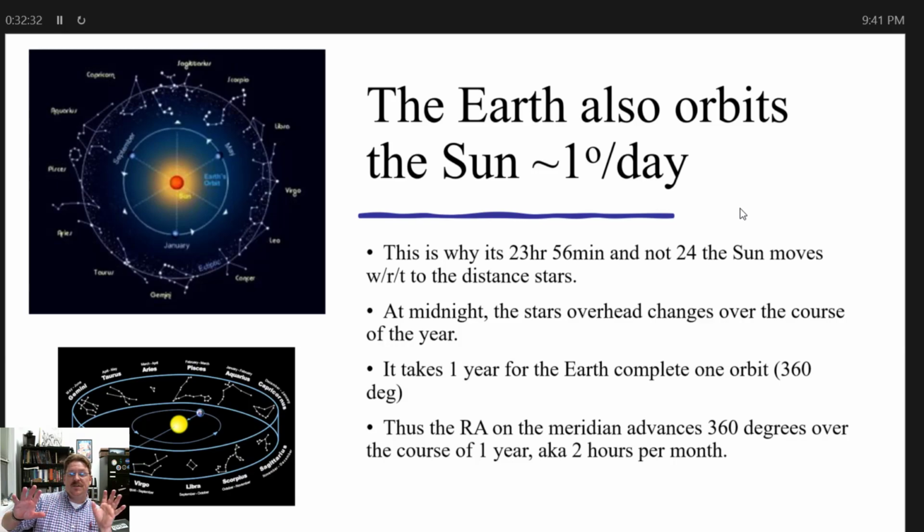So the Sun is on one side of the Earth, and you can see the stars on the other side. At best, you can see half of the celestial sphere over the course of one night.